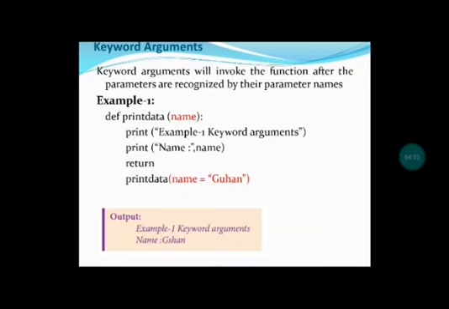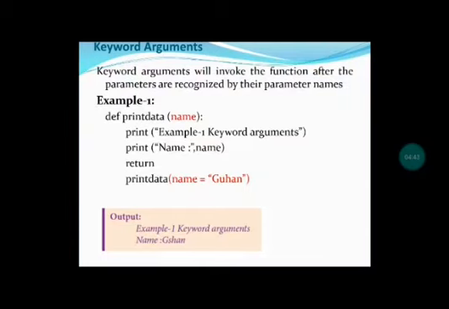Example 1 keyword arguments name Guggen, like that it will come. So keywords are used instead of directly sending the arguments. By this example we will clearly understand what is happening.